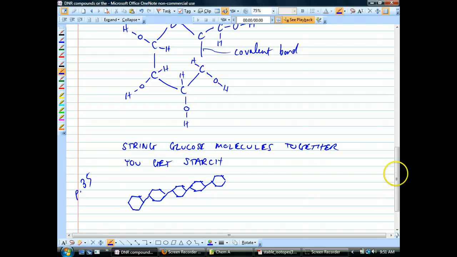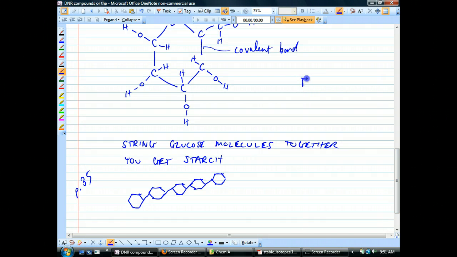So both of these things, folks, are energy storage compounds. And we're going to get into more details about that later.